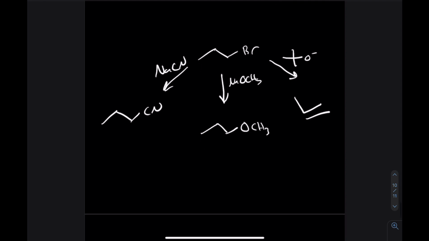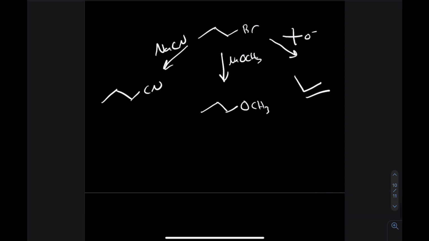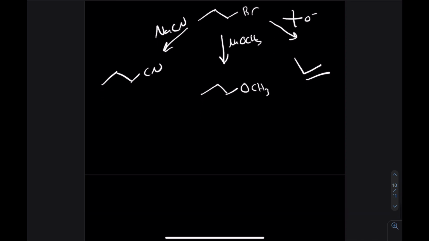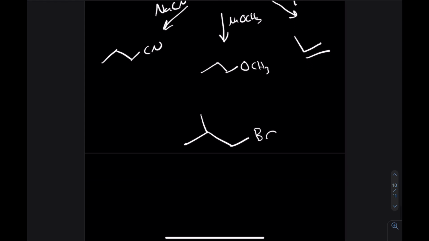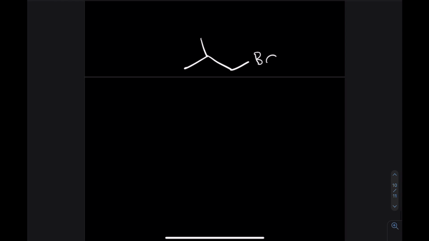deprotonation. All right. Now, when you start branching stuff, let's look at another substrate. All right, we've got a branched system here, 1-bromo-2-methylpropane. And let's give two possible reagent scenarios. We can either have sodium iodide, excellent nucleophile, terrible base, or sodium methoxide, excellent base, good nucleophile.